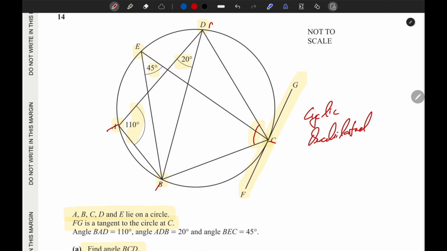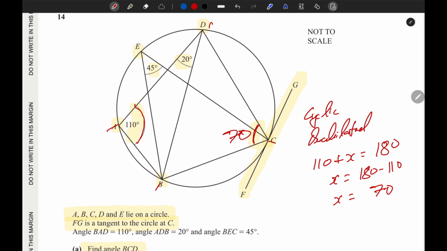Okay, in cyclic quadrilateral, we know that the opposite angles sum is 180 degree. So the measure of this and this, so let it be x. That means 110 plus x equals 180. Why? Because it's a cyclic quadrilateral. So what is x? X is 180 minus 110. So x is how much? 70, I think. Yeah, this is 70. Over here, this is 70.